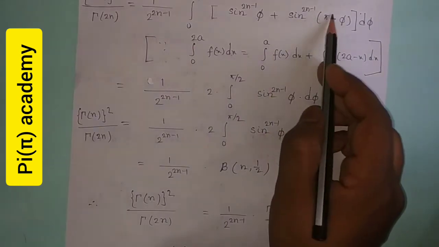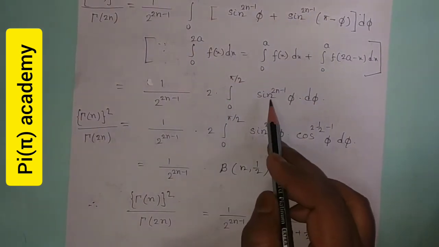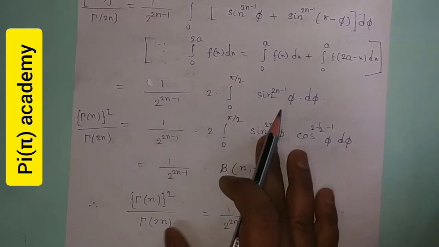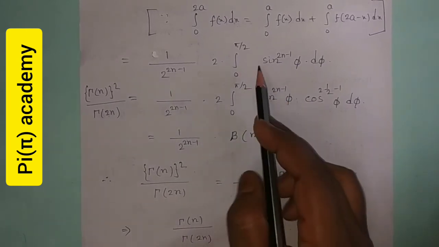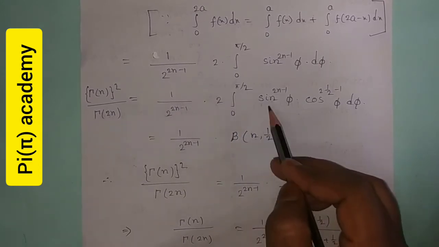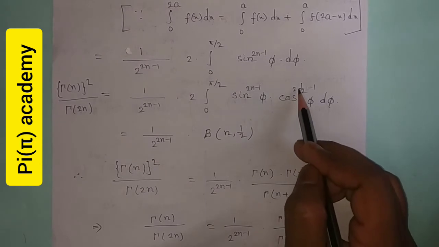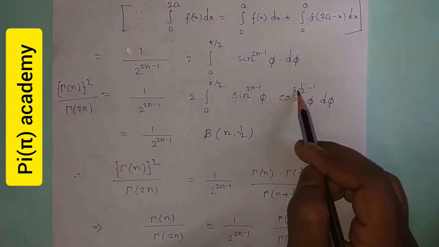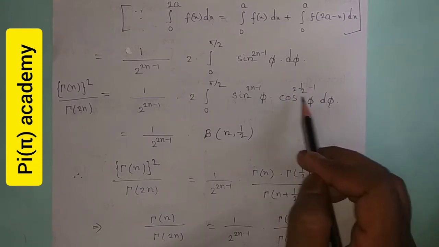So we get 2 into sine to the power 2n minus 1 phi d phi, and this limit is 0 to pi by 2. Therefore we can write this as 2 into integral 0 to pi by 2 sine to the power 2n minus 1 phi into cos to the power 2 into half minus 1, that is 2 into half, 2 cancel, then 1 minus 1 is 0, cos phi whole to the power 0, that is 1.